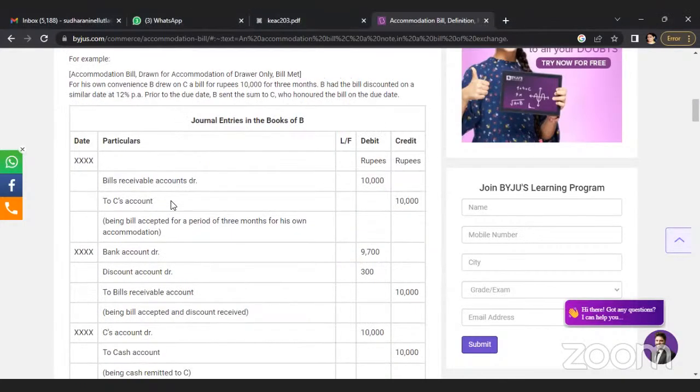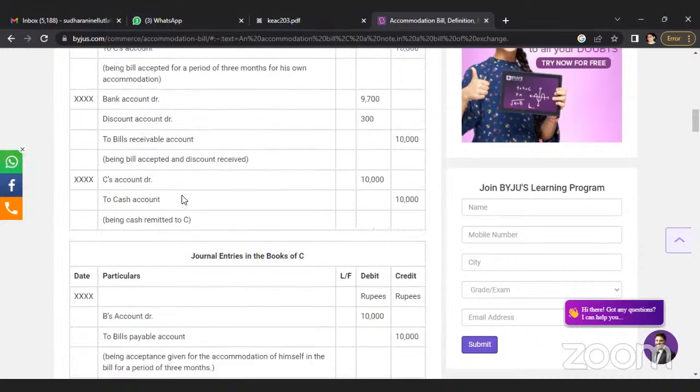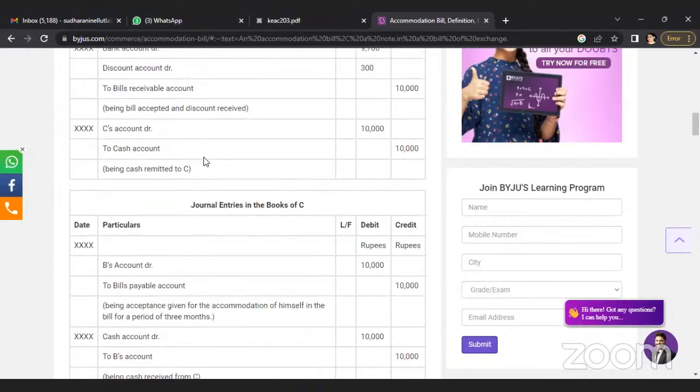First, the bill received entry will not be there; the bills receivable entry will be there, the discounting entry will be there, and the cash received will be sent by the drawer to the drawee, because the drawee is the one who has to make payment at the bank counter.